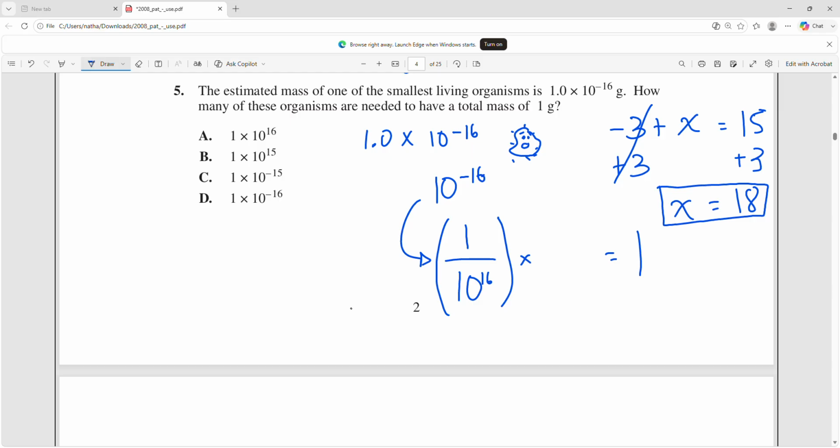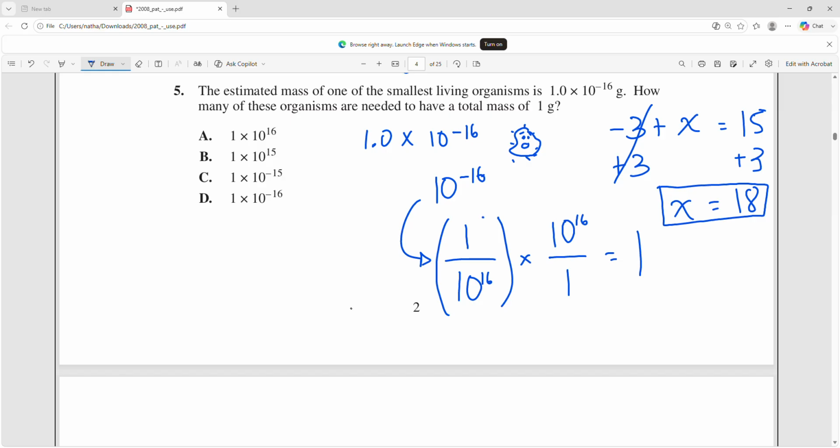So what would I multiply here to get 1? Well, I want to think about this. Now we have this like a fraction. I want to cancel this out. So I'm just going to multiply this on top by the exact opposite thing, right? So 10 to the 16, which I could also write as 10 to the 16 over 1, right?